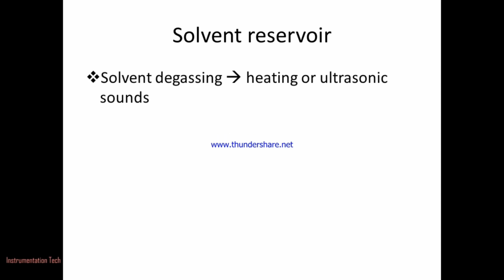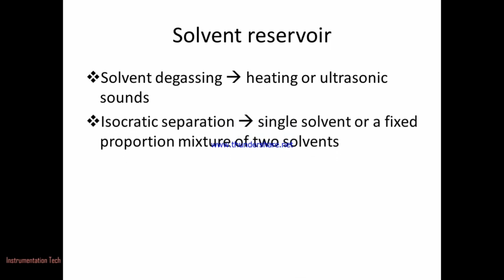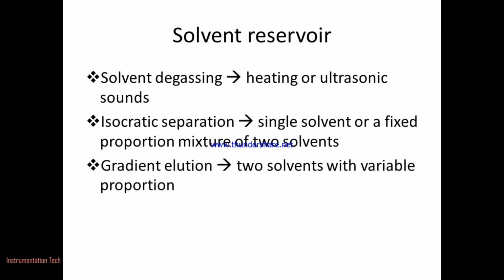Solvent degassing within the reservoir is performed usually by heating or by treating it with ultrasonic sounds. If there is a single solvent or a fixed proportion mixture of two solvents, then isocratic separation can be carried out. If there are two solvents with variable proportion, then it is achieved by gradient elution.